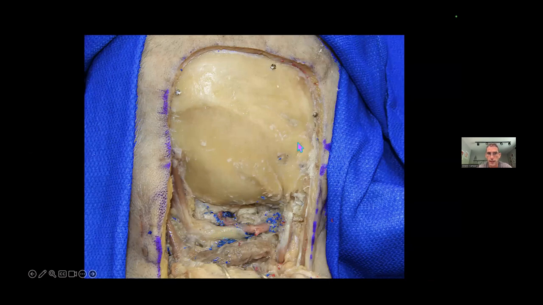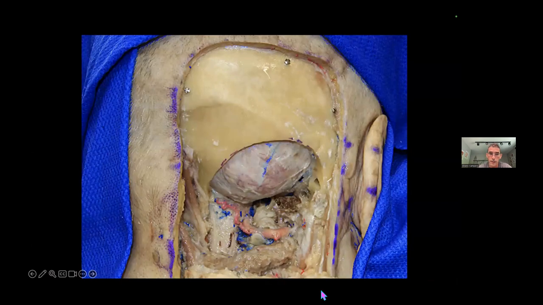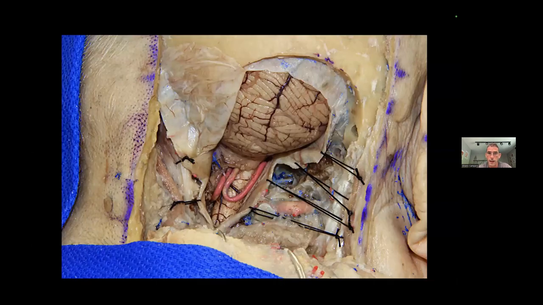This is the vertebral artery, and so on. And then usually we perform a craniotomy like this. We don't have to go too high, because usually the tumor is here, and we also remove the posterior arch of C1 on the side of the tumor. Then we expose the dura, and usually we open the dura in this fashion.